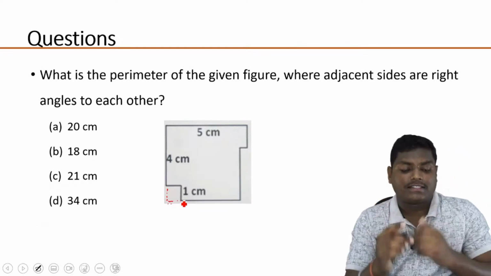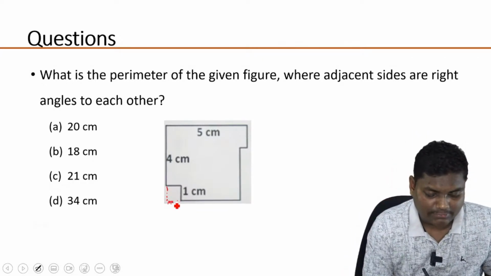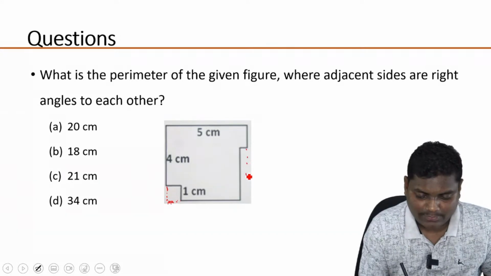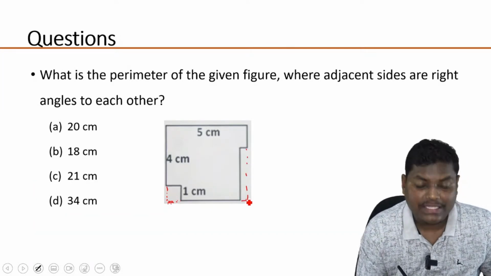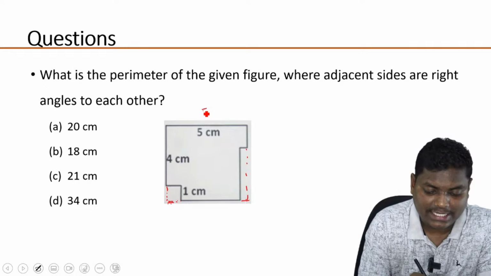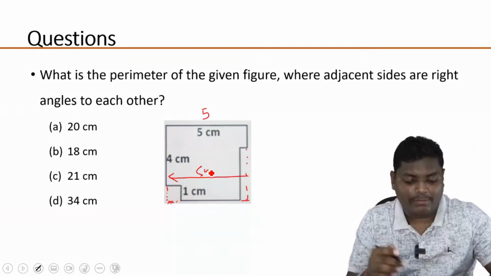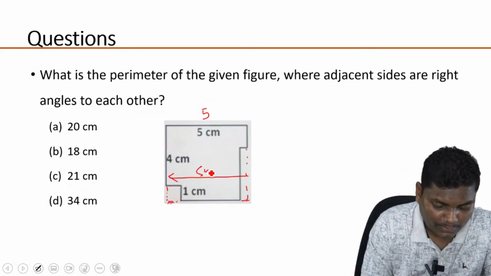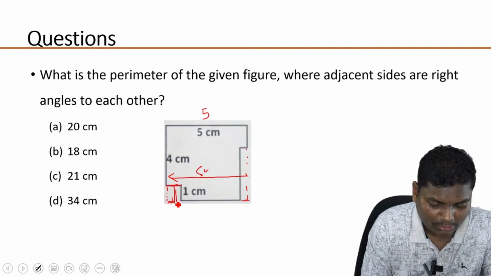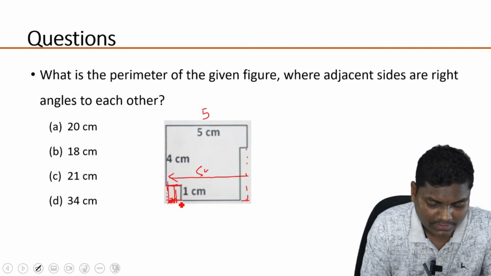If you extend this entire thing, it will basically be a square, because this same length is here, 5 centimeter. You need to calculate the entire perimeter. If you bring this line down to this place, this will complete the figure.